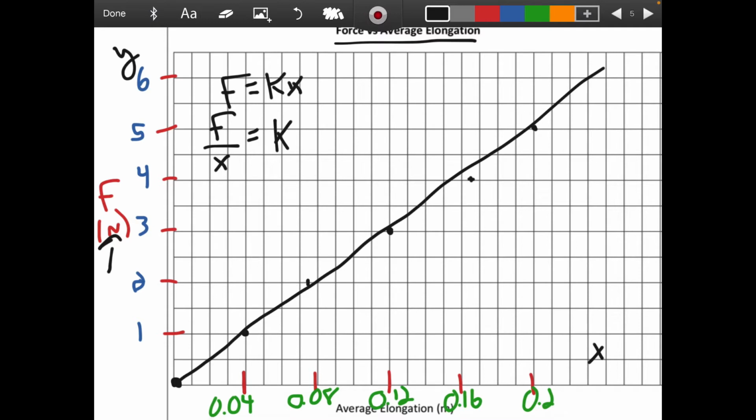So for an F versus x graph, the slope is equal to the spring constant k. And that's going to be a very important relationship to know moving forward. And obviously, the more force exerted on the spring, it will stretch a little further.